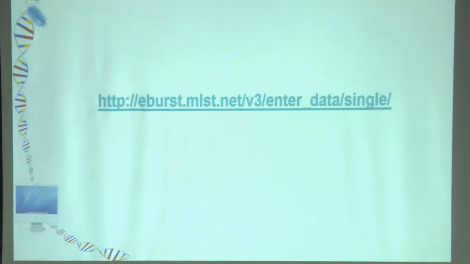You will find the software in this particular link. You just Google it, eBURST V3. We will demonstrate. You just click it, a window will open. There will be a place where you can upload your data. What data are you going to upload here?